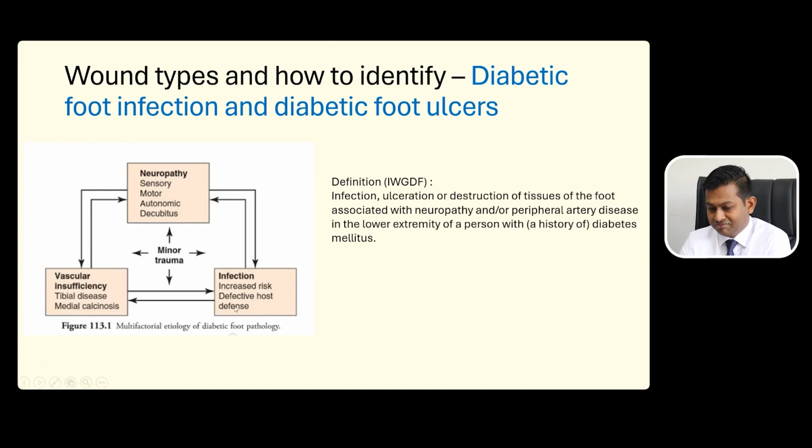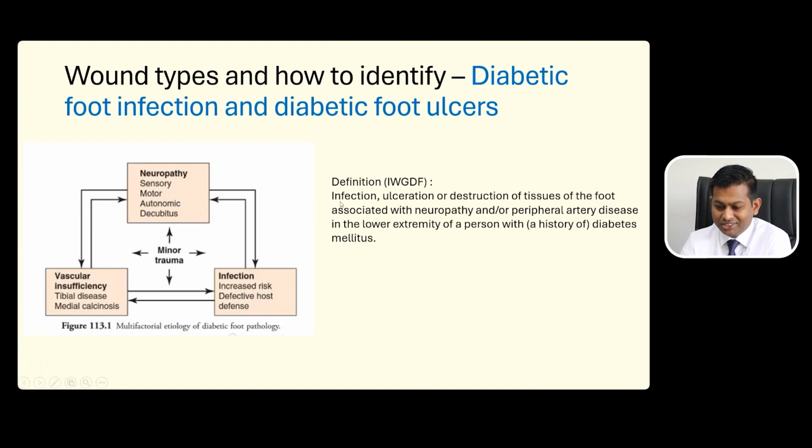And with infection, they are at increased risk, the immunity is suppressed, and the responses once there is an infection are reduced. So even a minor trauma, with the background of all these things, can cause a major disaster in a patient.